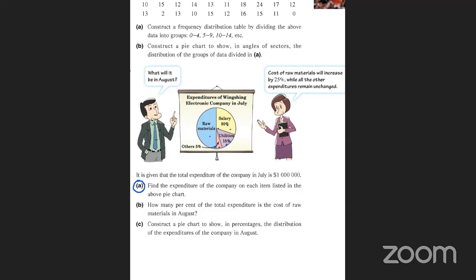It will be easier because I don't want to work out everything here. Therefore I hope you can do it by yourself for part A. It's just a percentage problem. After you have done part A, then let's do part B and C together tomorrow. Is this fine for you?